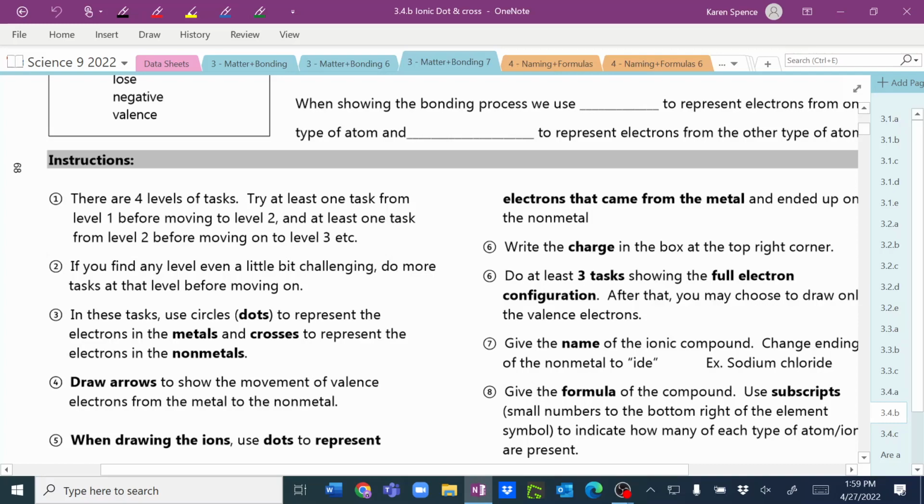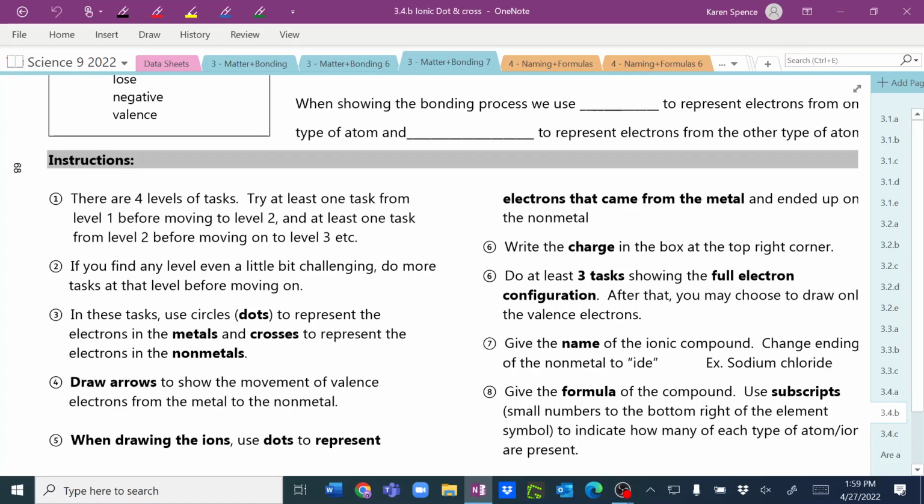You are expected to try at least one task from each level. If you find level 1 really easy, do you have to do all the level 1 tasks? No, you can move on to level 2. If you find level 2 really easy, you can move on to level 3, and so on. If you're finding it at all difficult or challenging, then you can do more of the tasks.